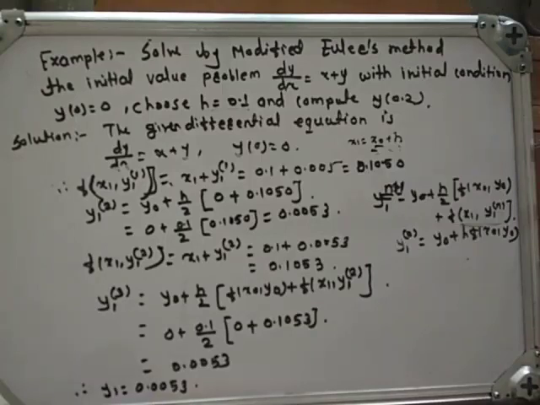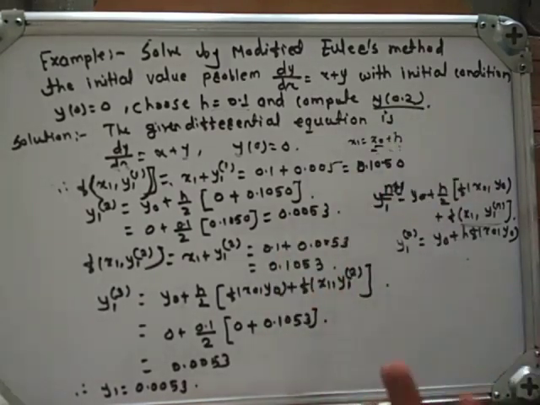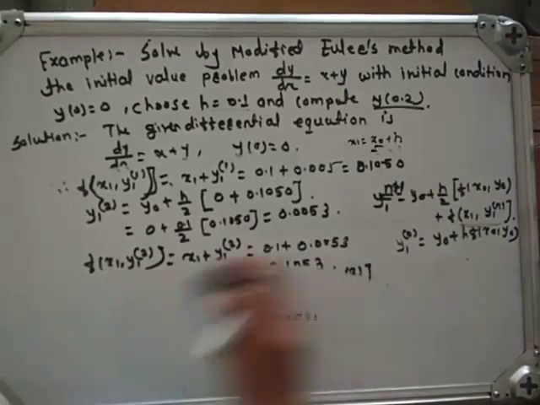So when x1 is equal to 0.1, then y1 is equal to 0.0053. But we have to compute y of 0.2, which means your x lies between x1 and x2. x1 is 0.1 and x2 is 0.2. So we have to find y2 by using a similar procedure.